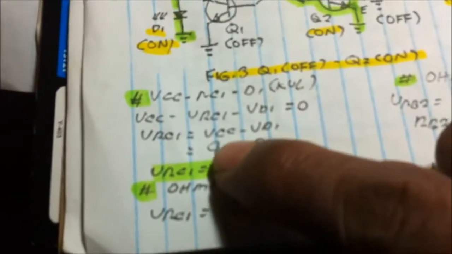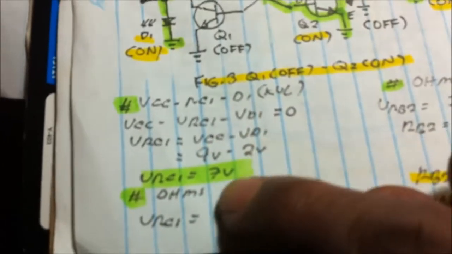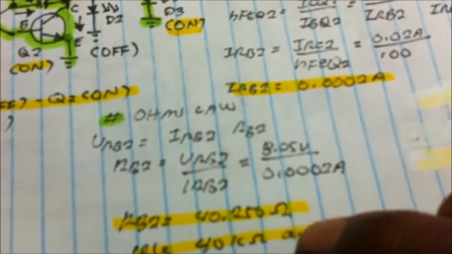Computing for the value of RC1, we just use KVL, VCC, D1, RC1. We get 7 volts using Ohm's law. We got 330, what is that? RC1 here, 330 ohms, the value of the resistor RC1.